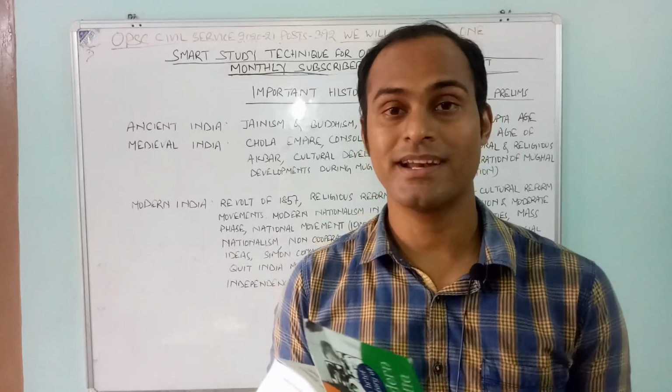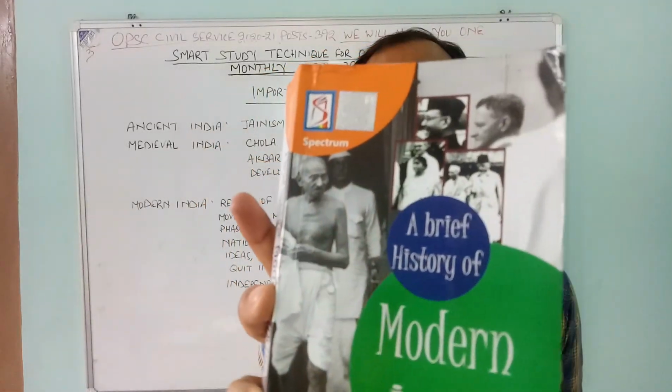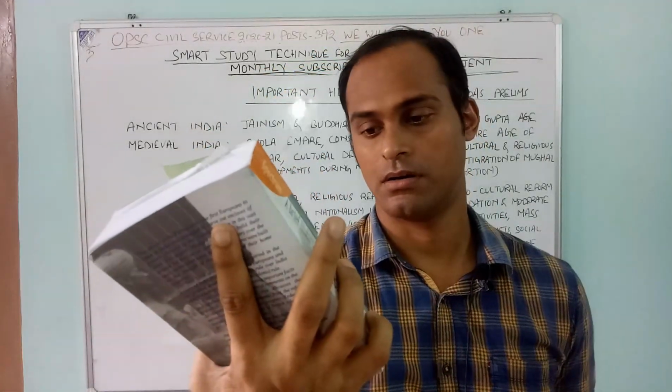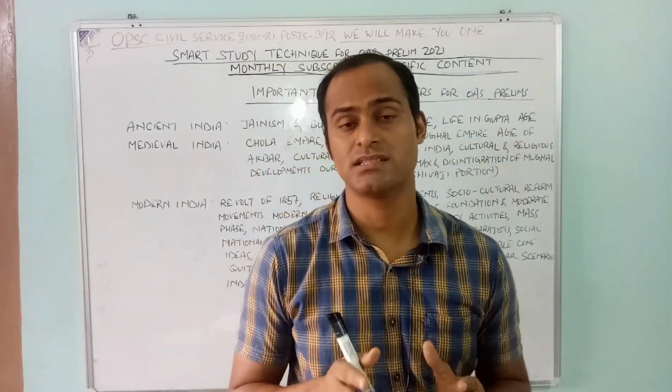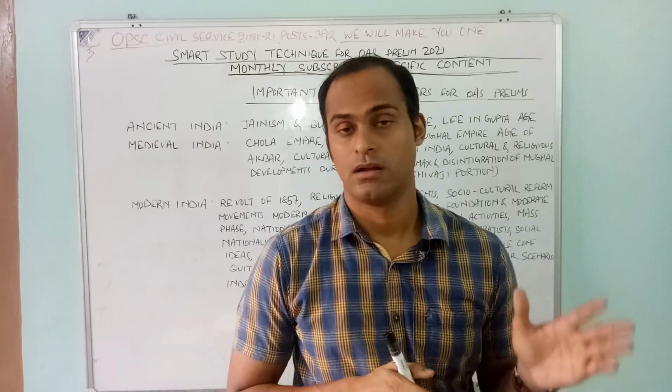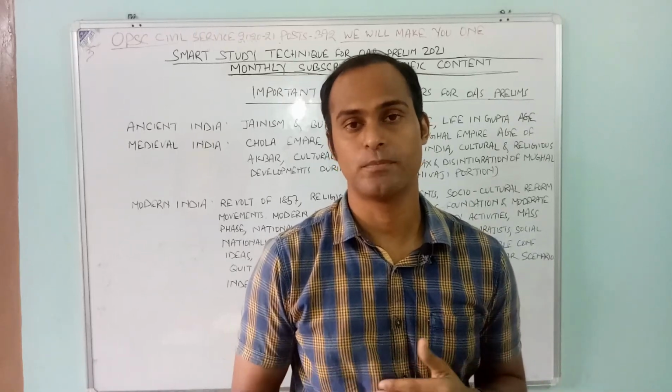And for modern India, you have to follow A Brief History of Modern India, Spectrum publication. You can also follow Bipin Chandra, but that is written in a story format and some people find it boring.